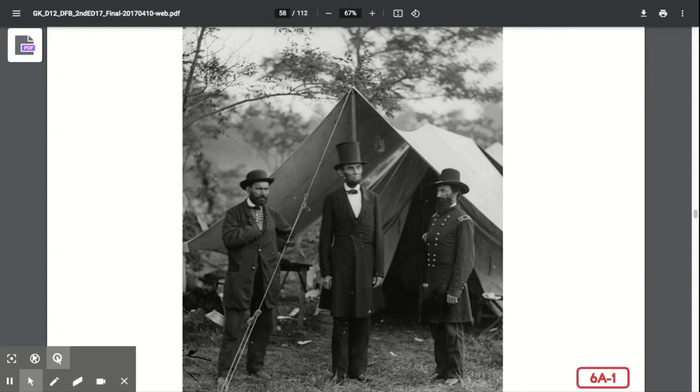About 150 years ago, northern states and southern states fought a war over slavery. Does anybody know what this war was called? This war was called a civil war because it was fought between people who lived in the same country.